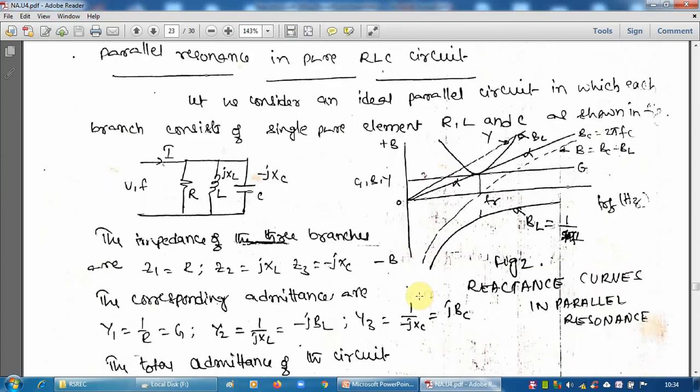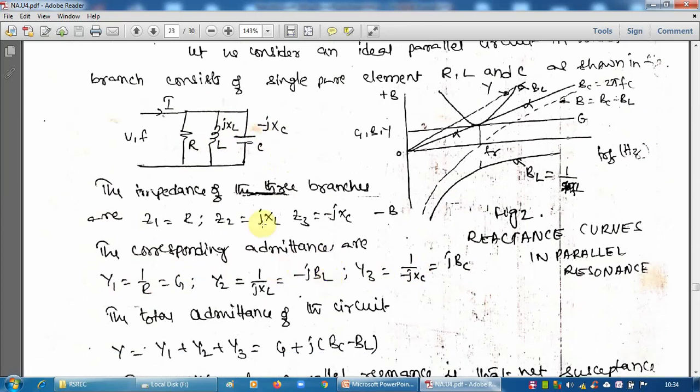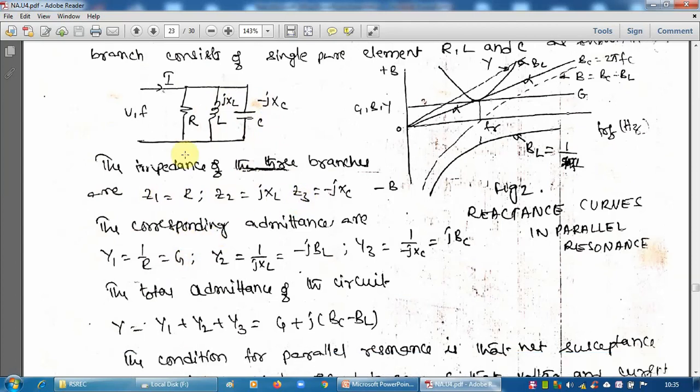But here you see, instead of R, XL, XC, we considered admittances, that means G, BL and BC. In terms of impedances, this is R, this is jXL, this is minus jXC.